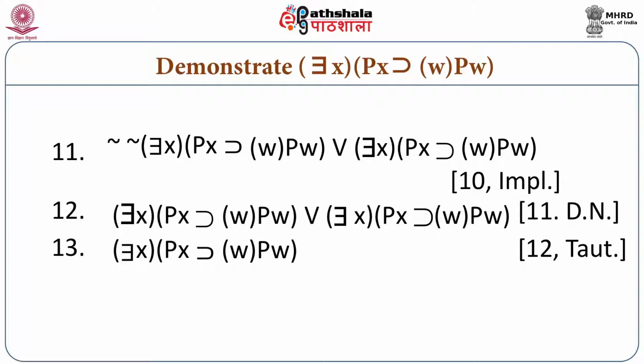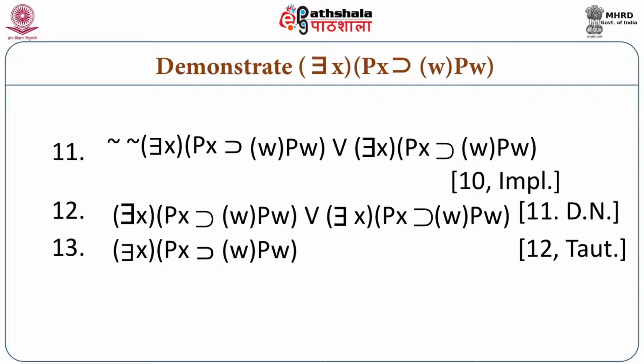Double negation: there is an x such that if x is p implies for all w, w p, or there is an x such that x p implies for all w, w p.